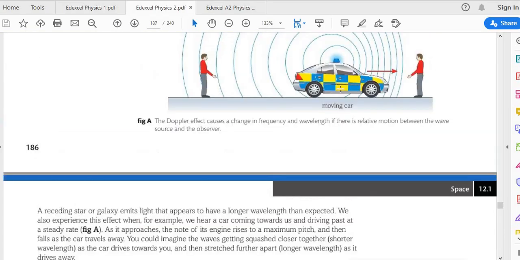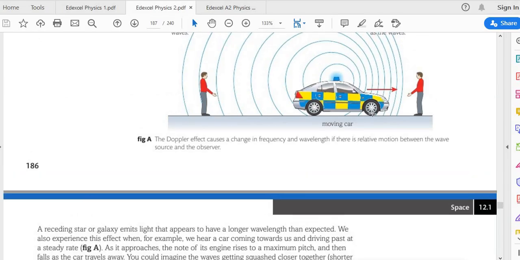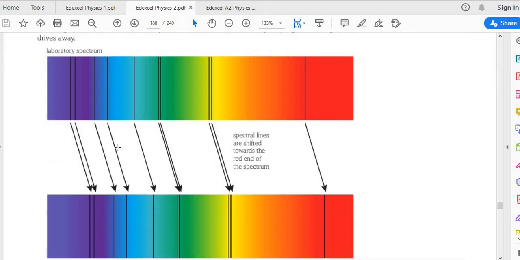So the pitch increases when it's moving towards you, and then falls as the car travels away, which is the situation here when it's moving away. You could imagine the waves getting squashed closer together, a shorter wavelength, as the car drives towards you, and then stretched further apart, a longer wavelength, as it drives away.